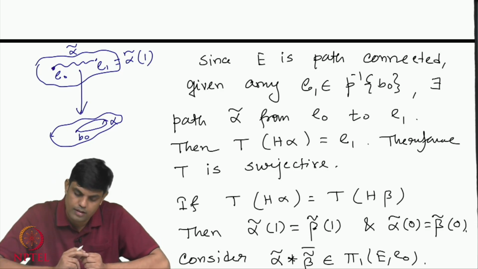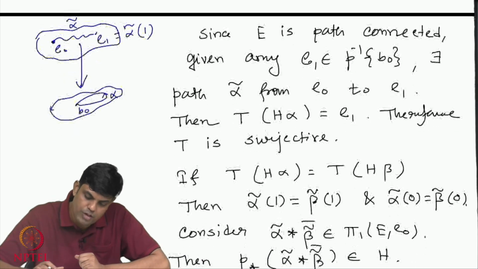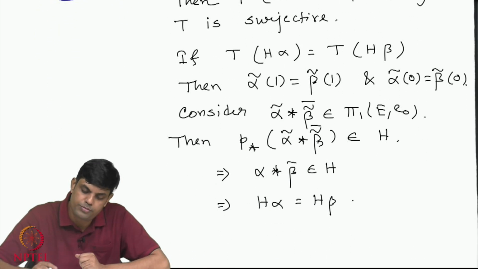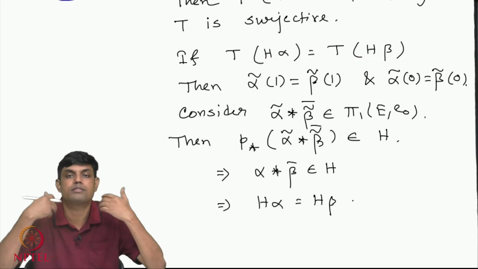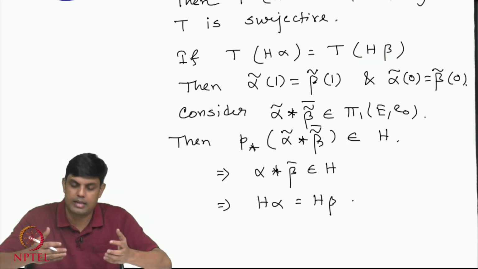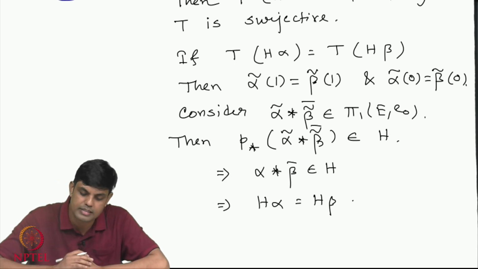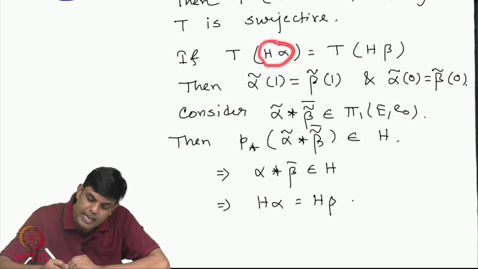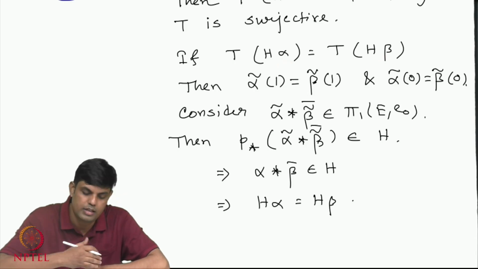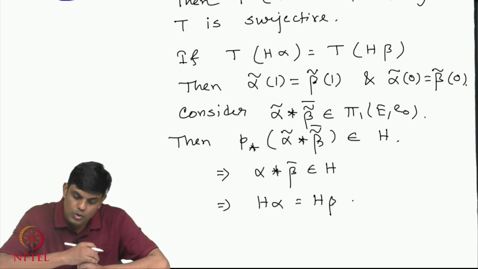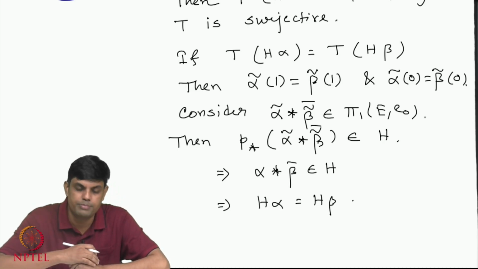Now, to prove injectivity, what do I have to show? I have to show that if I take two cosets H alpha and H beta, then they must go to the same element under this correspondence. Therefore, the corresponding endpoints of alpha tilde and beta tilde should match. That is what I want to show. So, suppose T of H alpha equals T of H beta.